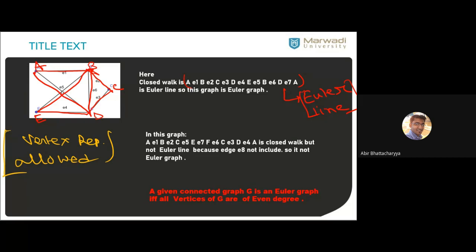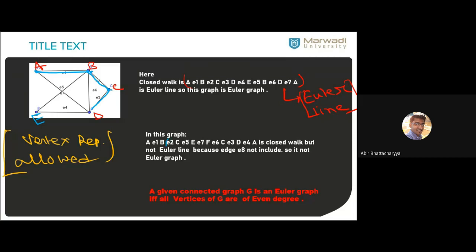Similarly, if I talk about another closed walk in this graph, let's delete it first, erase it. So A, E1, B, E2, C, not like that.